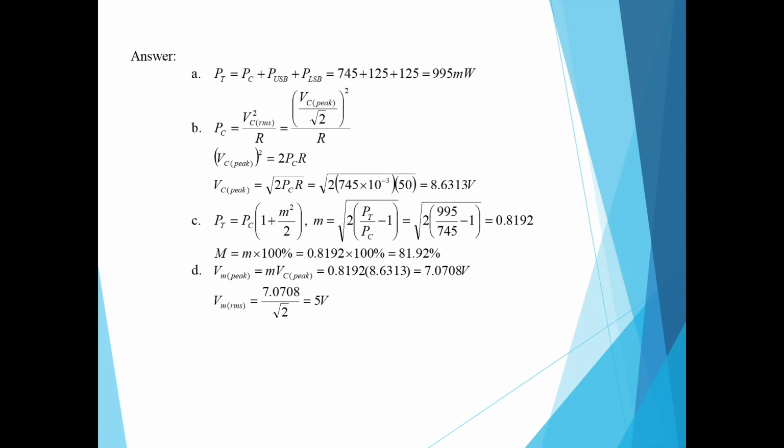It doesn't matter if you use the RMS value, because if you use RMS, both sides must use the RMS. If you use the peak amplitude, both sides must use the peak amplitude. So it will produce the same answer. Dia cuma nisbah dari segi square root of 2 sahaja.